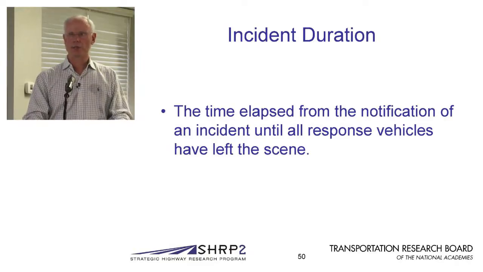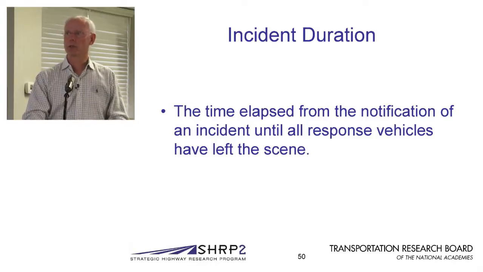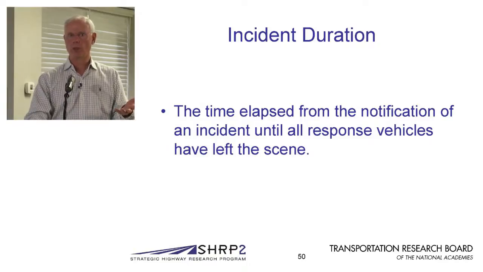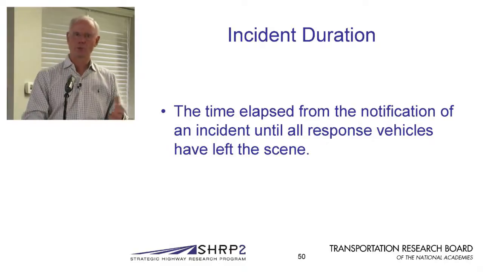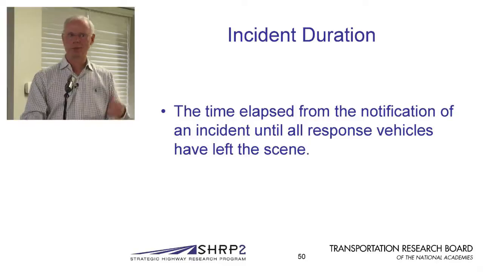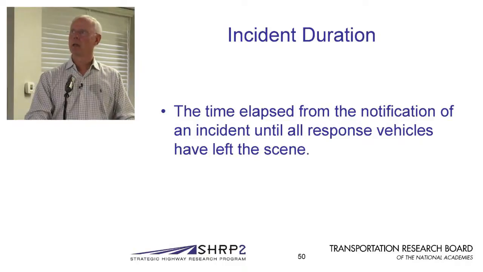This talks about the elapsed time from the notification until all the response vehicles have left. That's one way to look at it. Another way to look at it would be to measure it from the notification until conditions are returned to normal. Some may argue that's a better way to look at it, but then you get into the debate about, well, what's normal? And what's normal depends on what time of day, what the normal traffic conditions are, and when you have attained those normal traffic conditions. So important to be very careful how you define that.